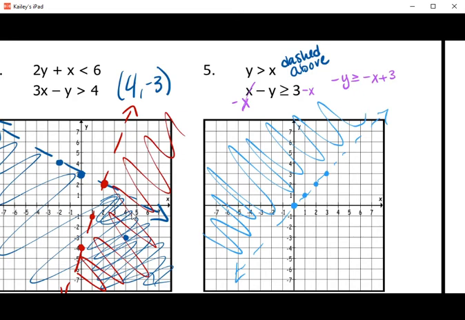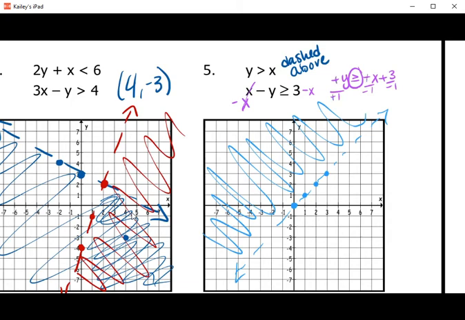Now we have negative y and we need a positive y. So we're going to divide everything by a -1 to change all those signs. As soon as I start to divide by a negative, I have to remember, flip the sign.